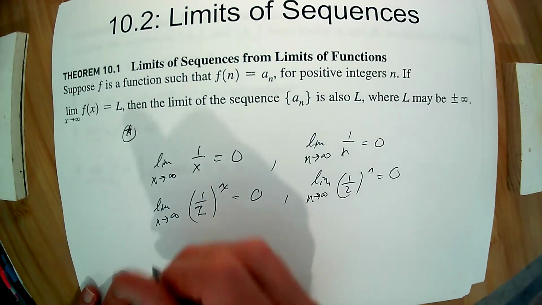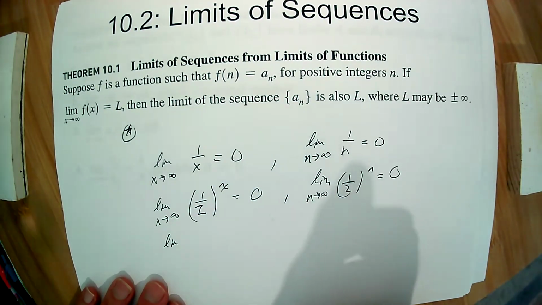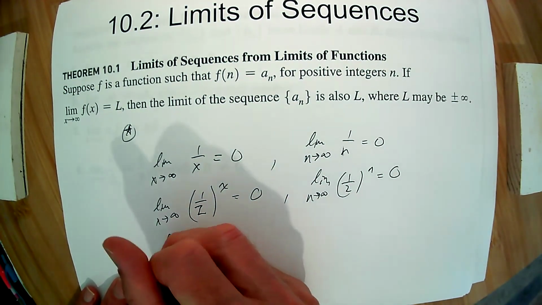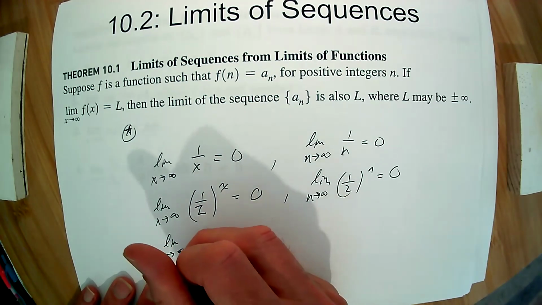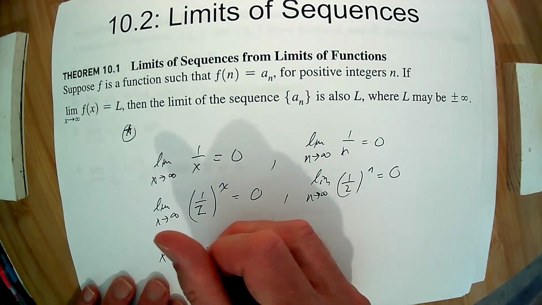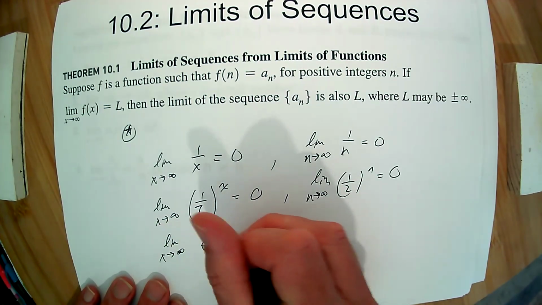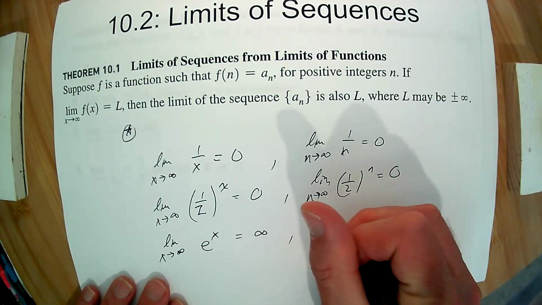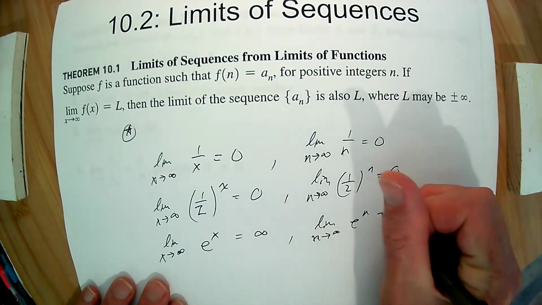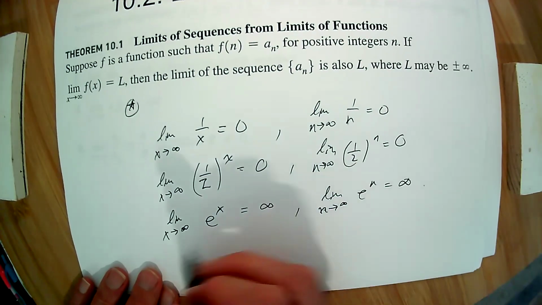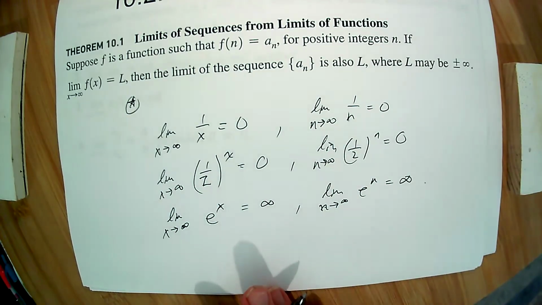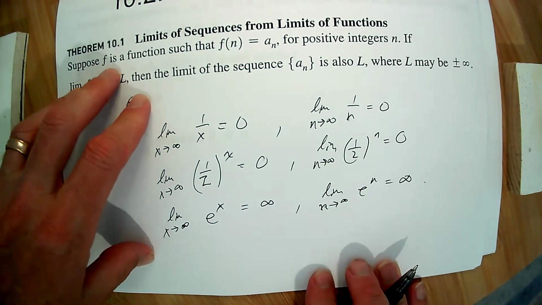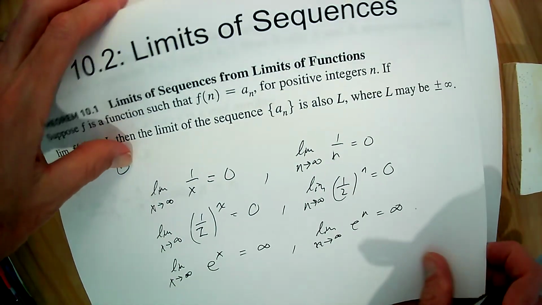And even things about limits being infinite: the limit as x goes to infinity of e to the x is infinity. That's the same as saying the limit as n goes to infinity of e to the n is equal to infinity. So the point is, if I know certain limit computing facts for functions, they turn into facts about sequences.